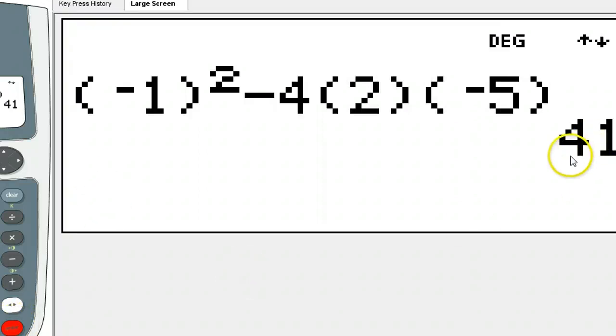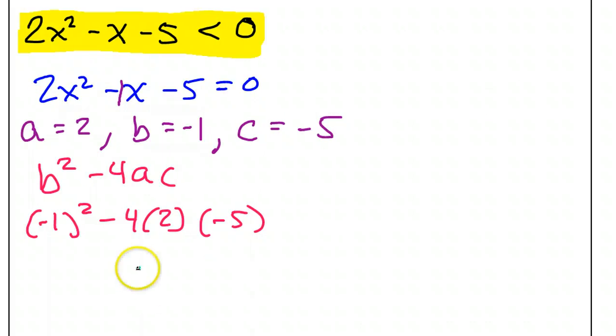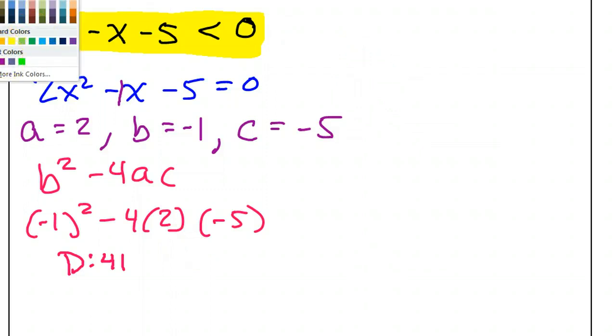So I'm getting a discriminant of 41. Once you have that, we can go ahead with the rest of the quadratic formula.